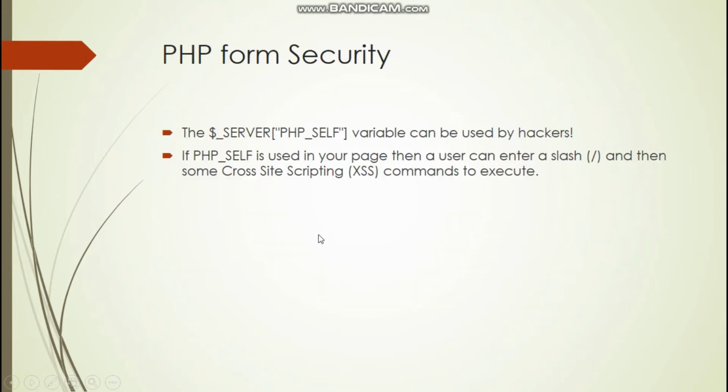And then next is PHP form security. The PHP form security, the server PHP self variable can be used by the hackers. If PHP self is used in our page, but then the user can enter a slash and then some cross-site scripting commands to execute.